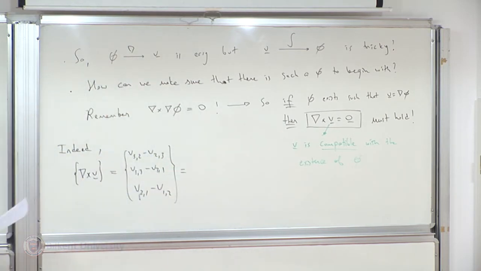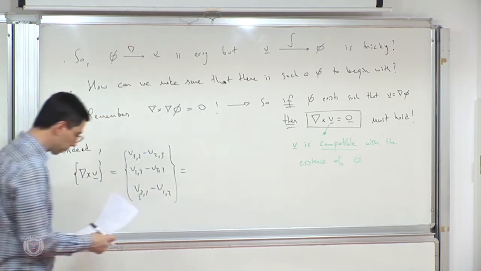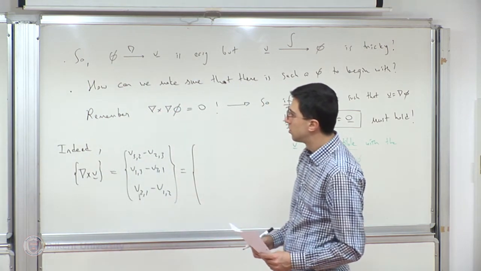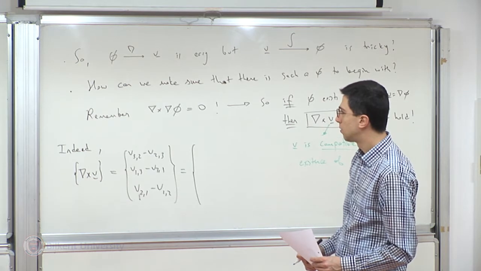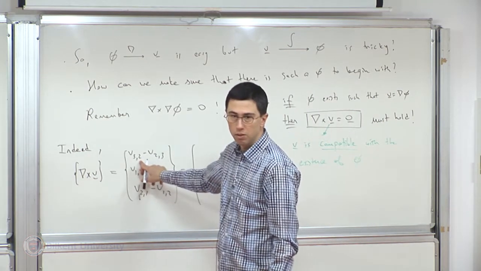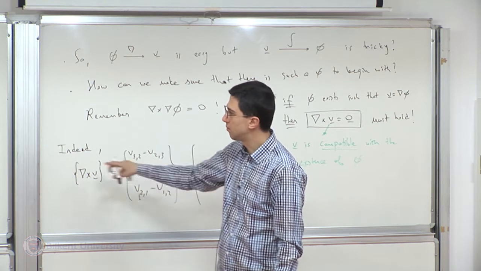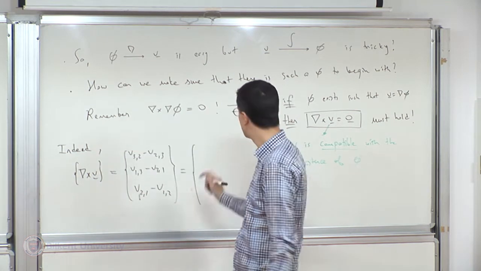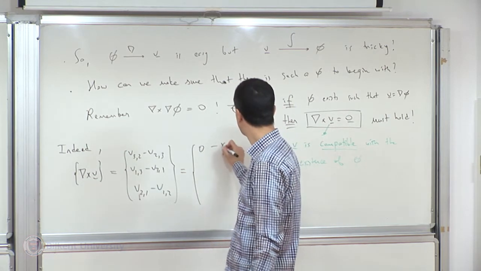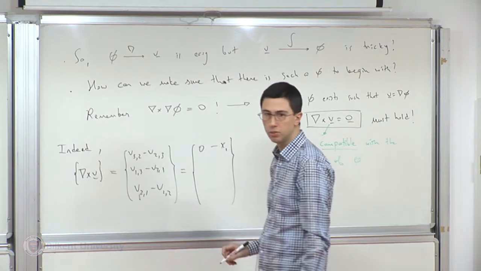Okay, that's how the curl is given. Right, so I have the vector field. You can go ahead and calculate this yourself. 3, 2, x1, 2 is 0, minus 2, 3, minus x1. So already the first component is not equal to 0.